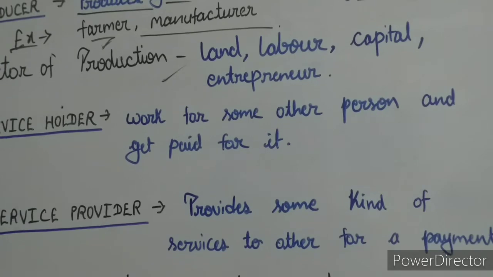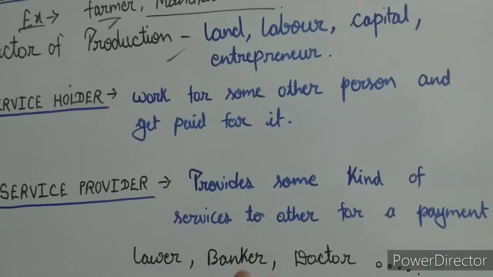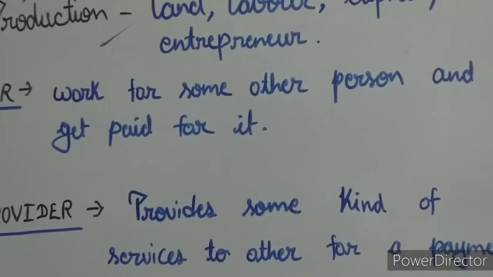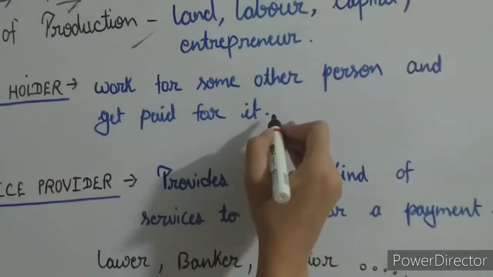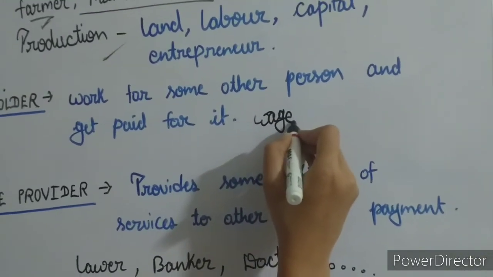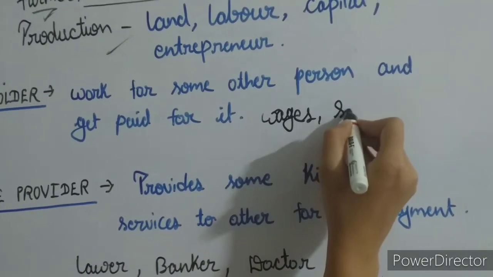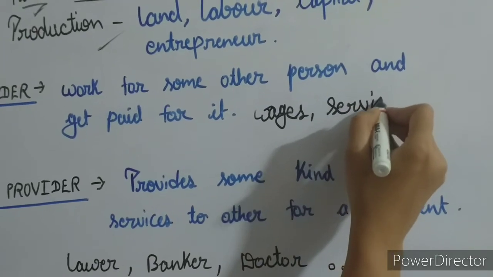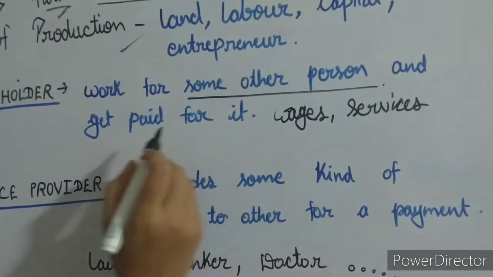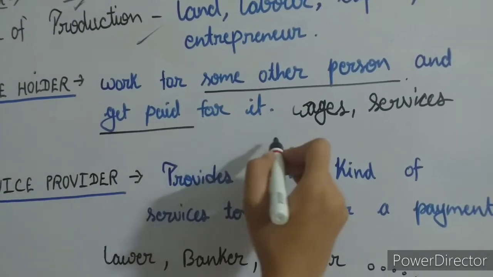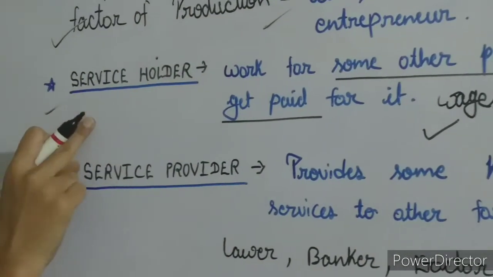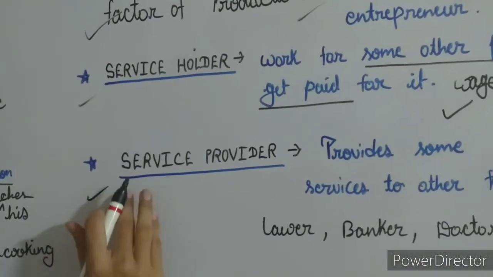A person who works for other persons and gets income in the form of wages is called a service holder, right?